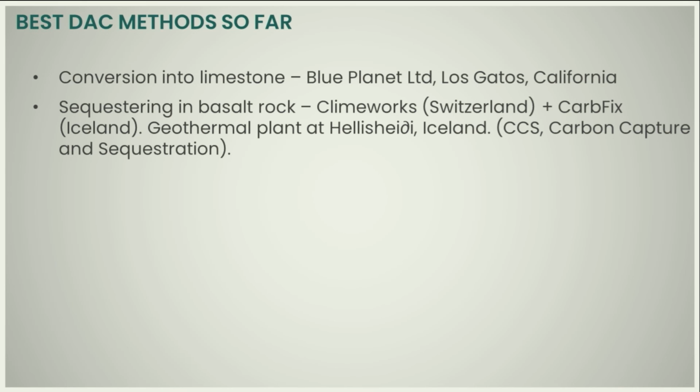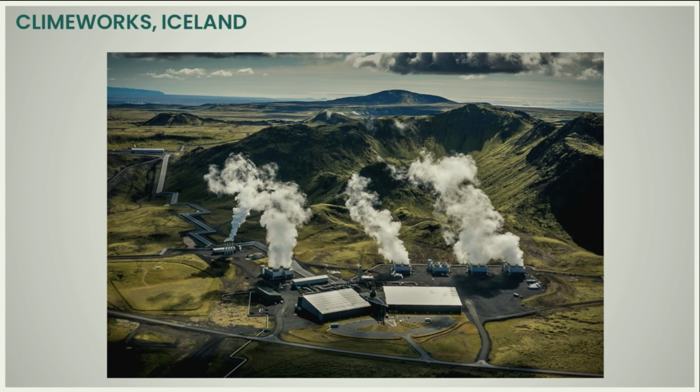But there's also the simpler method of just pumping the carbon dioxide you've taken out of the air down underground. And the company that does that in Europe is called Climeworks, and its biggest plant is in Iceland. There's a plant to take carbon dioxide out of the air.